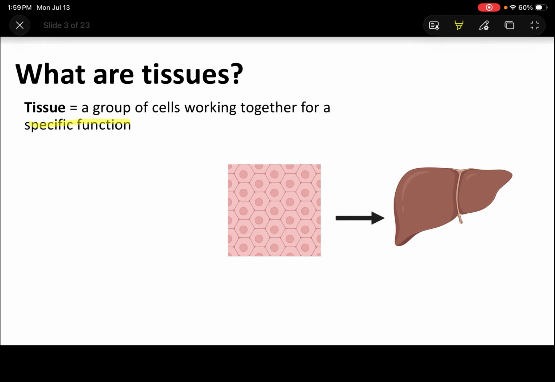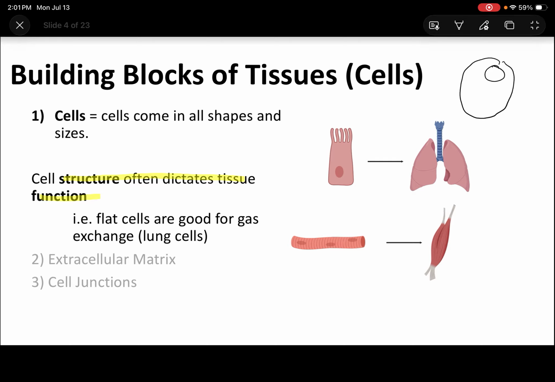Structure dictates tissue function. For example, lung cells tend to be very flat, which is really good for gas exchange, and if you think about the function of the lungs, gas exchange is really important. Another example is our skeletal muscle tissue, the muscles that help move our bones.